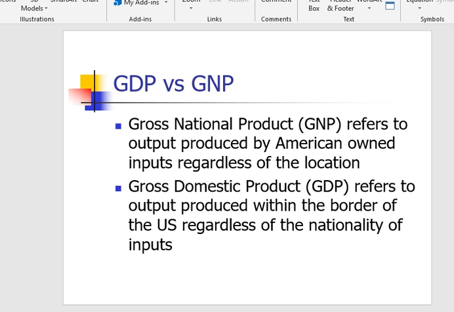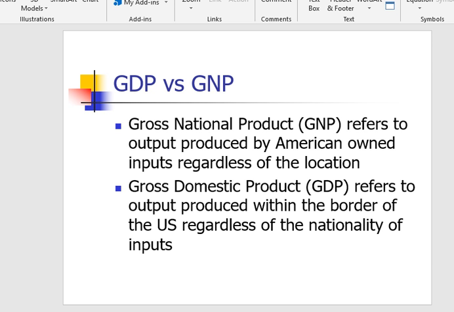I briefly mentioned GNP just now, so let's talk about the distinction between GDP versus GNP. GNP was a very important proxy of output. Before 1992, GNP was widely used as a proxy of output, but after 1992, GDP has taken over the importance of GNP.